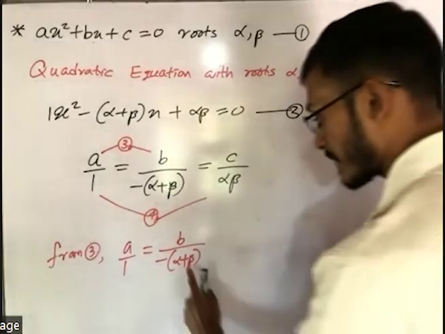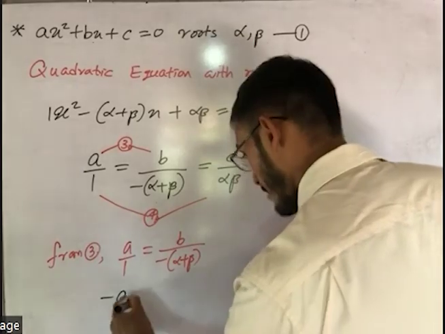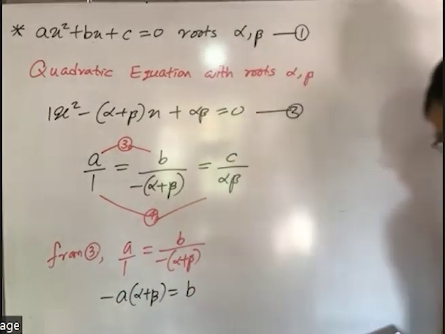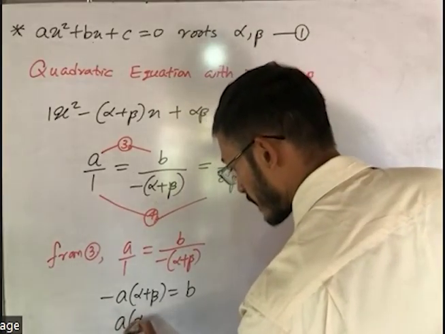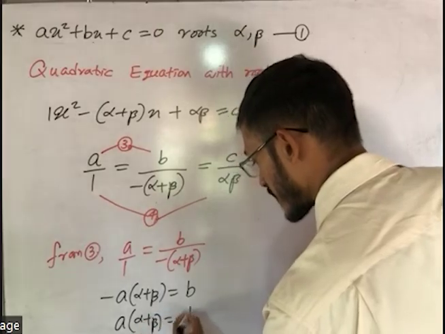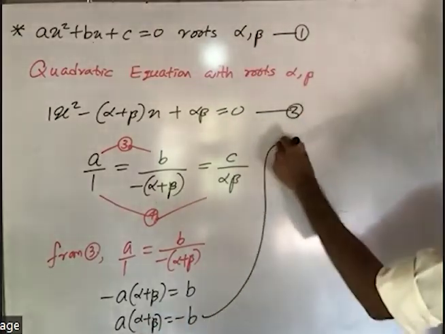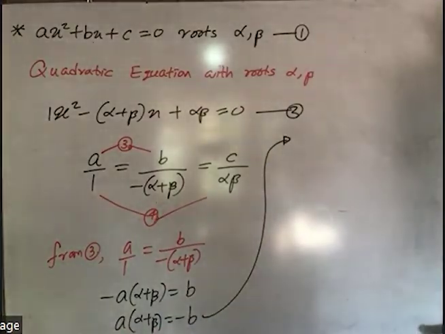Now I can cross multiply these two. Therefore, minus a times (alpha plus beta) equal to b. Now I can take the minus sign here: a times (alpha plus beta) equal to minus b. Alpha plus beta equal to minus b. I am going to write the answer here. Now I can divide both sides by a.